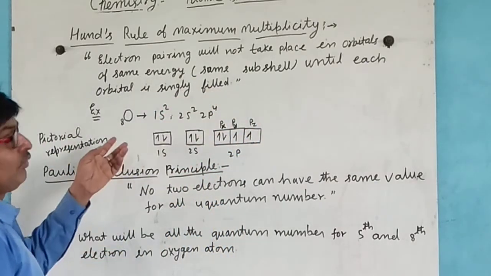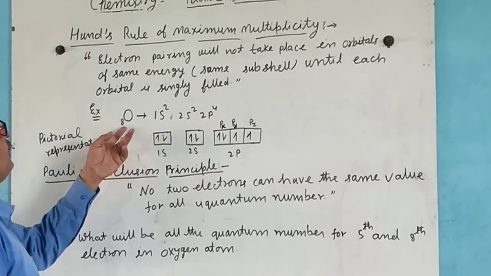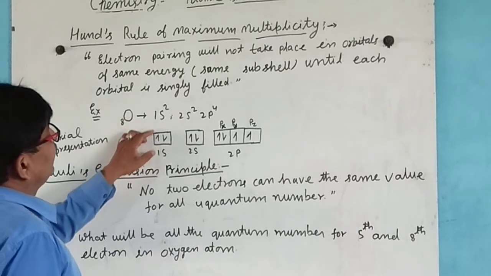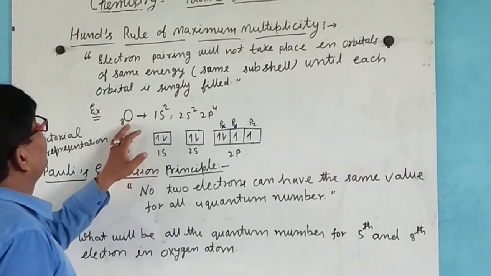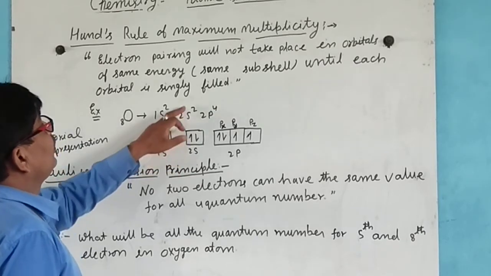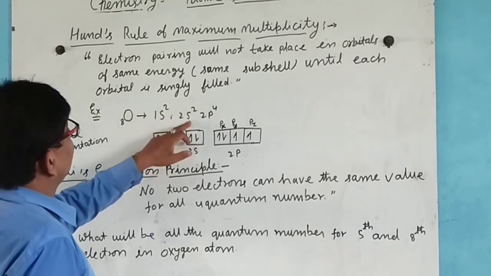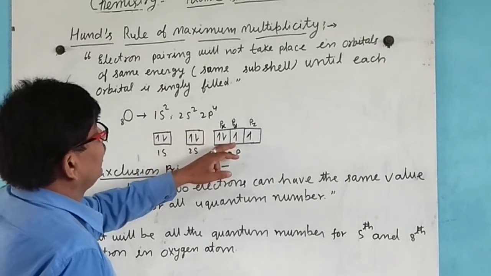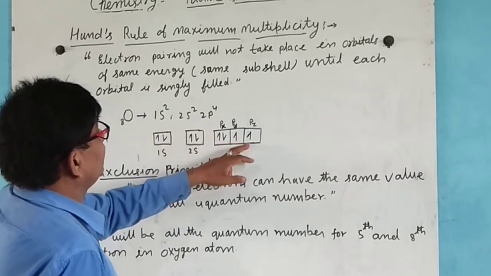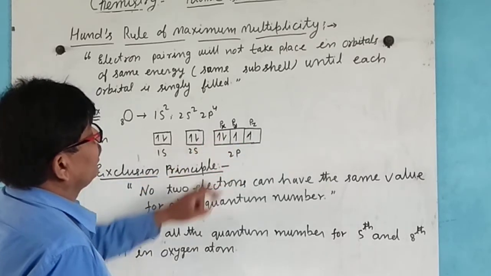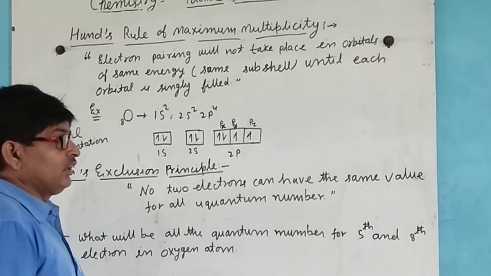It means that we take the oxygen atom which has 8 electrons. First of all, 1s has 2 electrons filled. Here 2s also has 2 electrons filled. Then 2p has 4 electrons: the 5th electron goes here, the 6th electron here, the 7th electron in this case, and then the 8th electron here. This is the correct order.